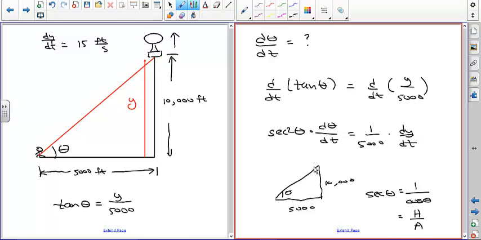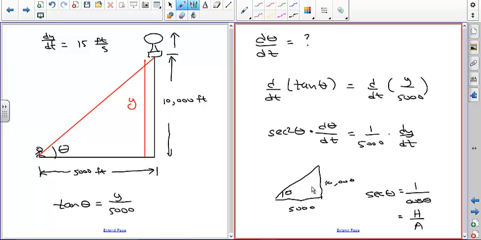We'd have to use the Pythagorean theorem to get the hypotenuse. Let me find my calculator. There it is. We don't have to use trig functions, we just have to find the hypotenuse. So you take 5,000 squared plus 10,000 squared, and take the square root.